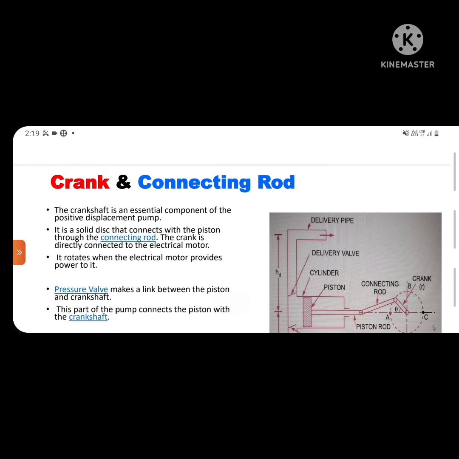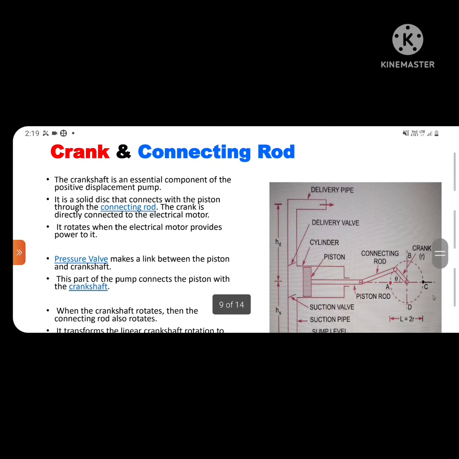Crank and connecting rod. The crankshaft is also an essential component of the reciprocating pump. This is a solid disc that connects with the piston through the connecting rod. The crank is directly connected to the electric motor. It rotates when the electric motor provides power to it.